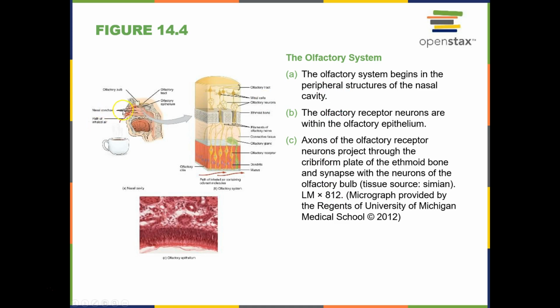So here you can see something comes into the nasal cavity, a smell. The deeper we breathe, the more odorant molecules will dissolve in the mucosa, and that will pick up the information and send it through into the brain.